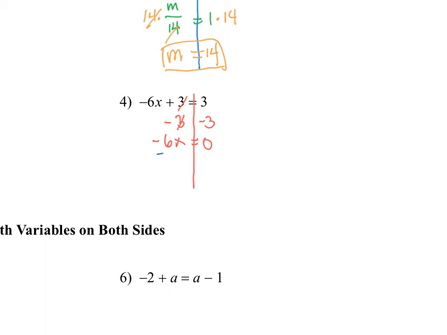Divide both sides by -6. And you can see that I've got x equals 0. This is a common mistake. I see a lot of people dividing wrong, and lots of mistakes can happen here.